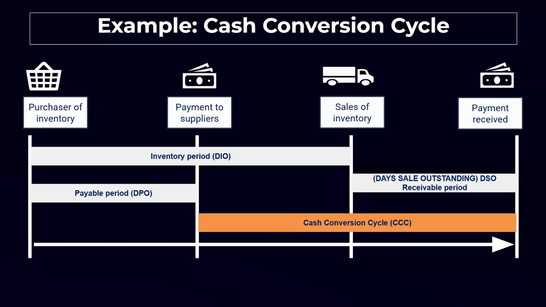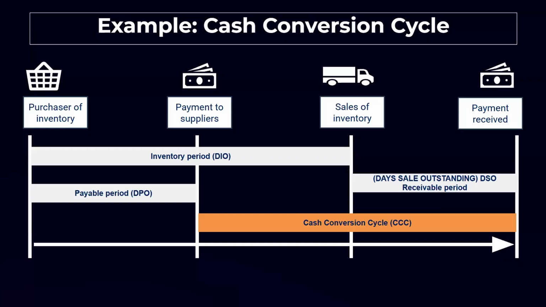The first bar which you see over here, which says inventory period, is the period the inventory stays within the company. And the second one, payable period, is the credit period that was extended by the supplier to the company.